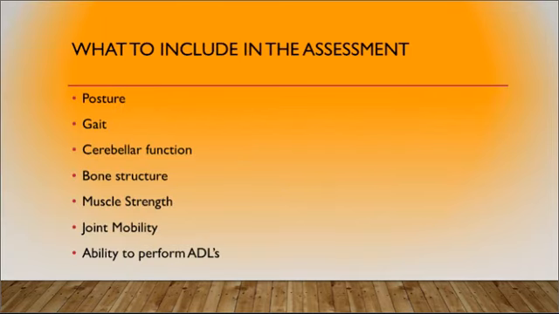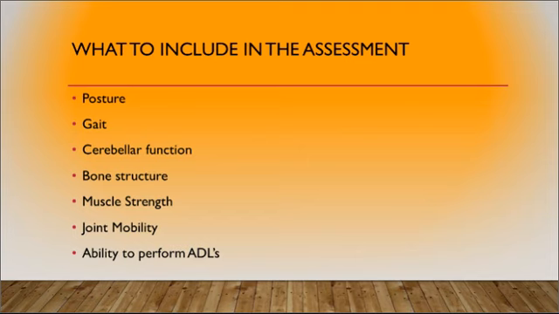Okay, so your musculoskeletal assessment will include your posture, gait, cerebral function, bone structure, muscle strength, joint mobility, and ability to perform ADLs. Remember, your musculoskeletal system provides shape and support to the body, allows movement, protects internal organs. Think of your rib cage, your skull.